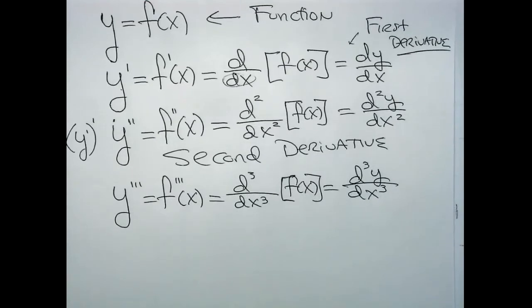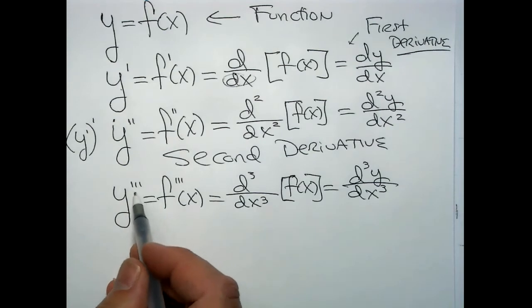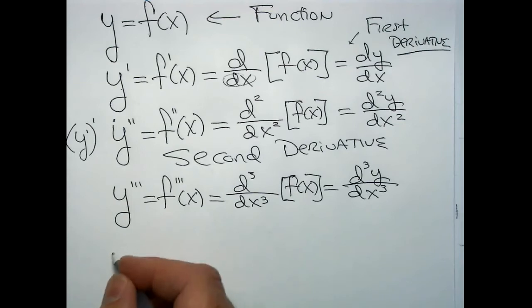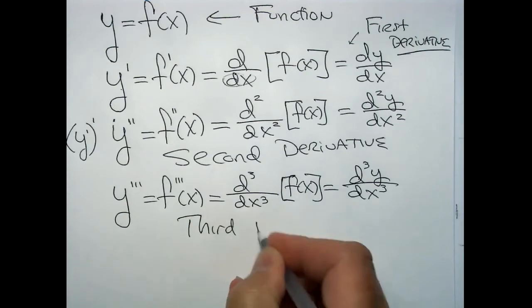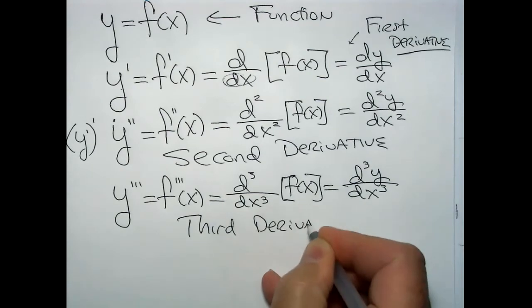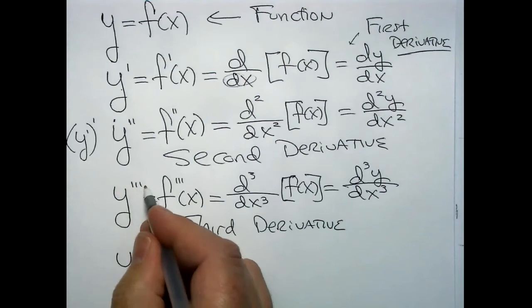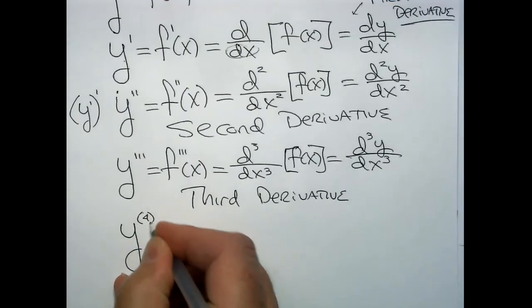So what happens when we get to the fourth and fifth and sixth derivatives? Do we keep putting these hash marks here, these primes? We stop doing that around the fourth derivative. This is the third derivative. So this is the fourth derivative. And rather than doing 4 prime marks or hash marks, at that point, we put a number in here.